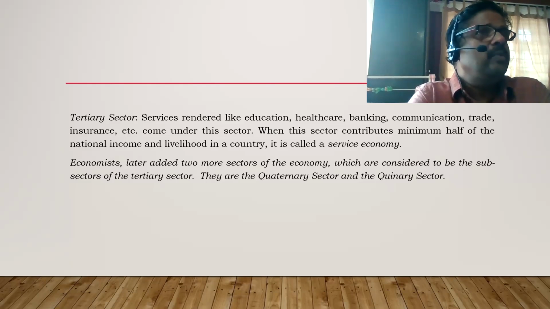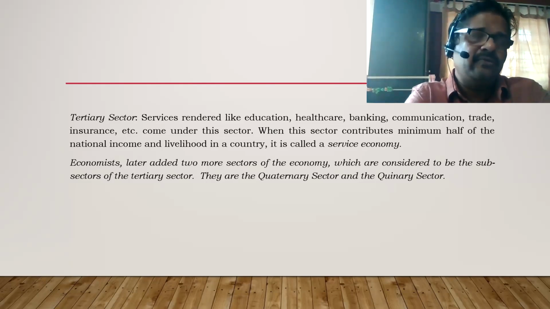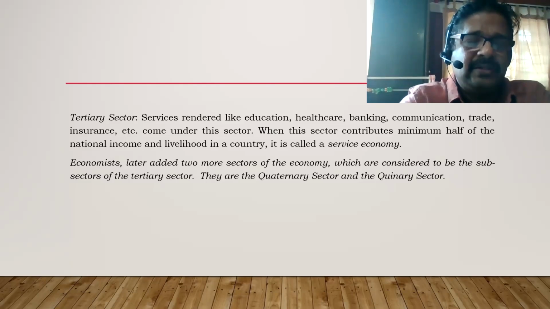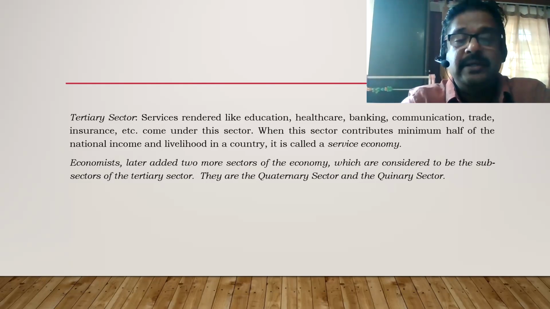And an economy where the secondary sector is dominating is known as an industrial economy. And there is a tertiary sector also, where services of different kinds are carried on. And when in an economy the tertiary sector is dominating, such an economy is known as the services economy.